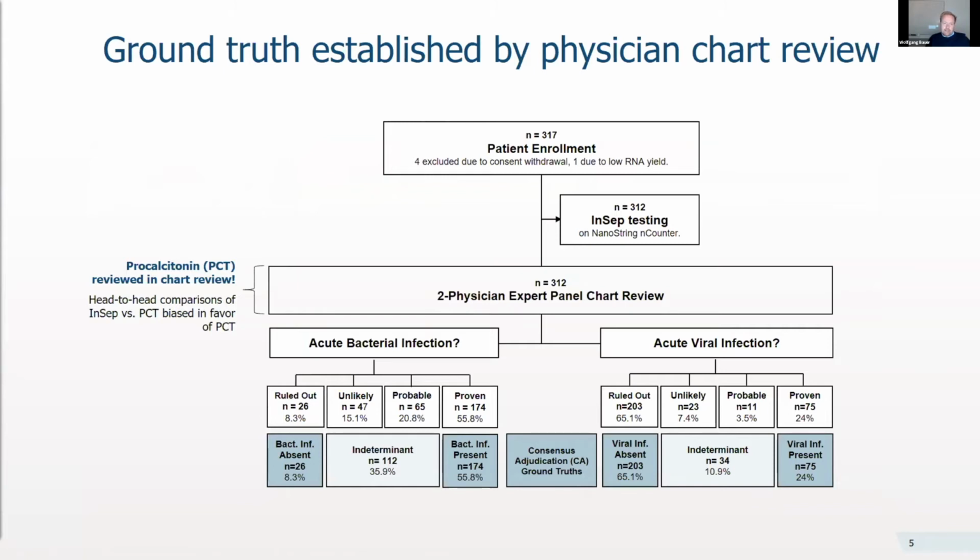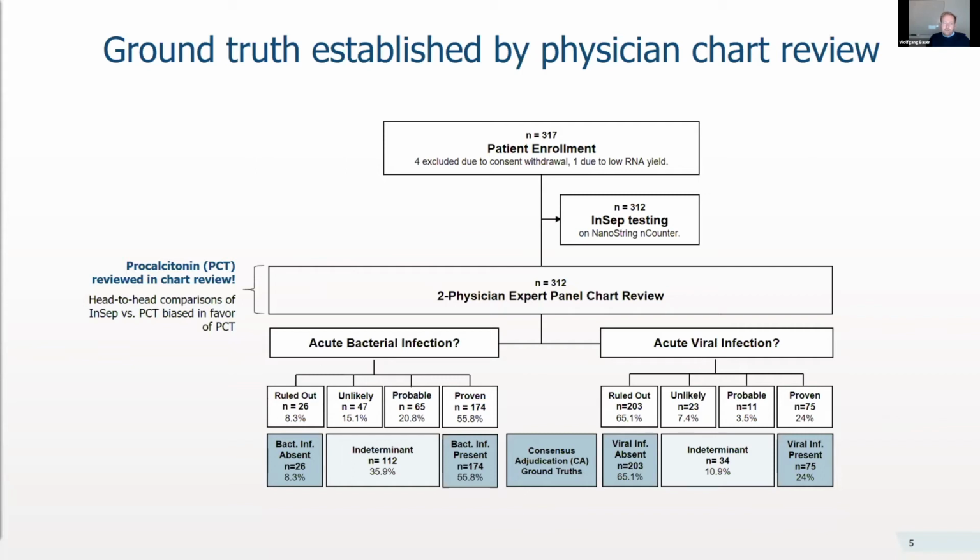As a result of these reviews, we made a clinical adjudication in 1 out of 4 groups: rule out an infection and rule in a proven infection. And if there were some inconclusive findings, the adjudicator could also choose unlikely or probable infection. This was done independently for bacterial infection and also for viral infection.